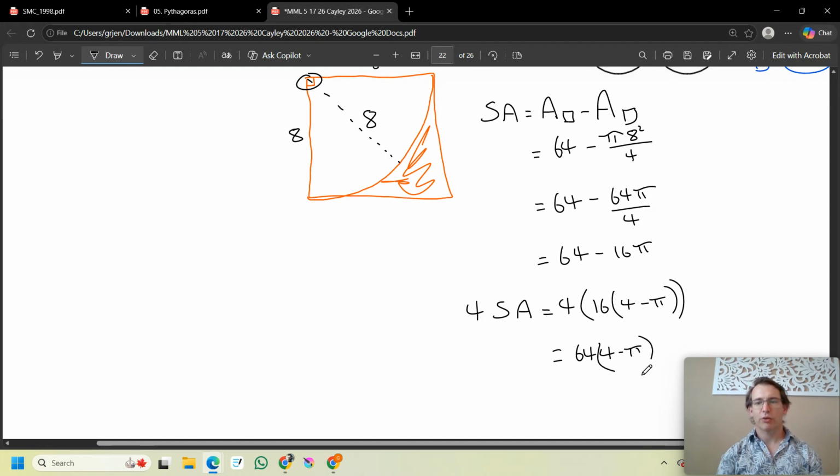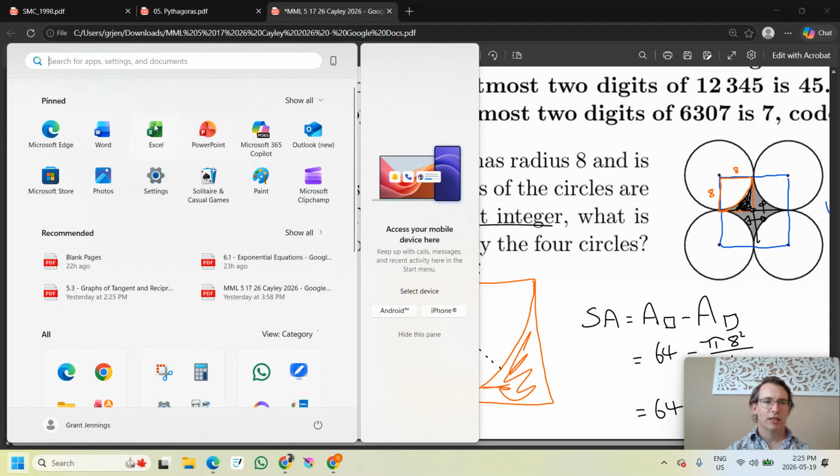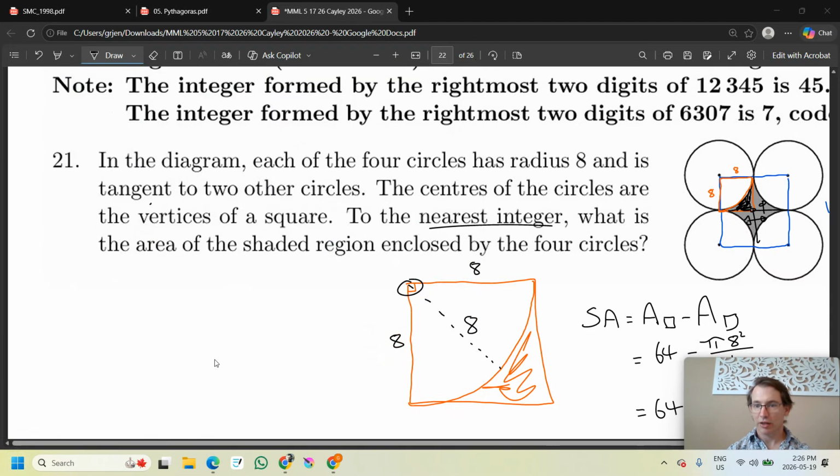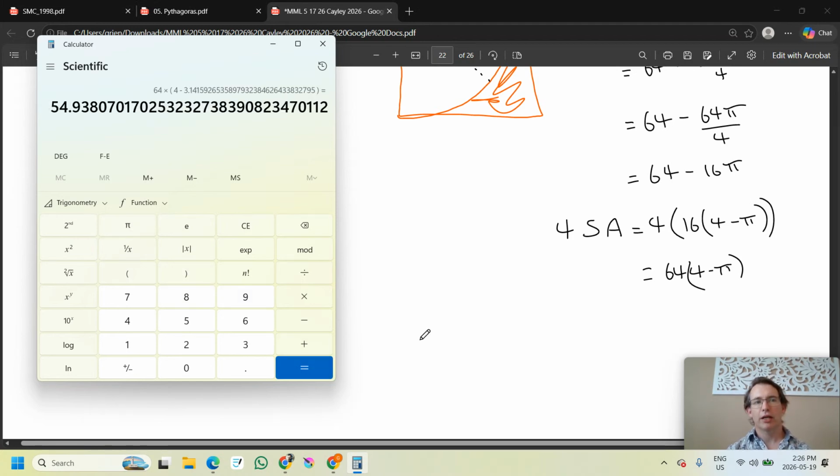And this is a calculator question at this point. To the nearest integer, what is it? So we have here our calculator. We're going to do 64 multiplied by, put it in brackets, 4 minus pi, and the bracket equals 54.9.